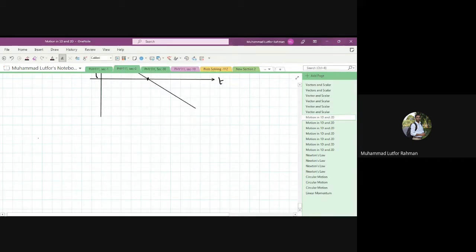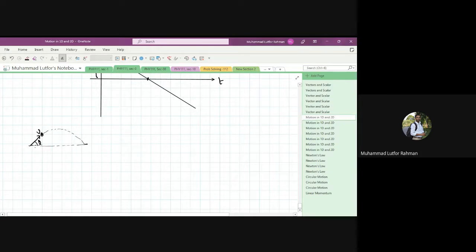Say you throw a ball making some angle. Say this is the theta angle, right? This is the trajectory of that particle.